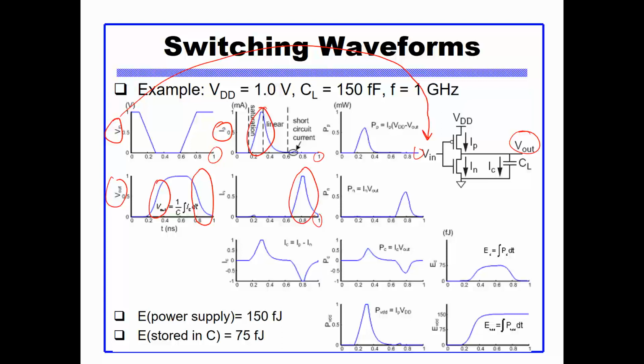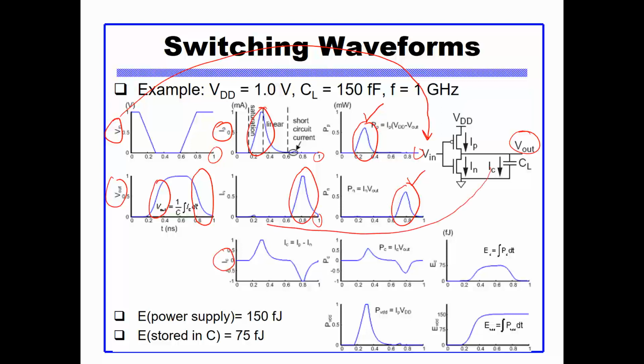Watch the power dissipated in the PMOS device, the power that goes through the PMOS device, and the power that goes through the NMOS device. This is during charge for the PMOS, discharge for the NMOS. I want you to look at the current in the capacitor.